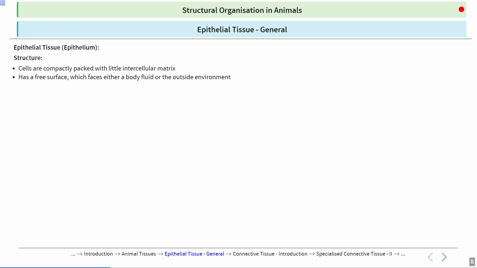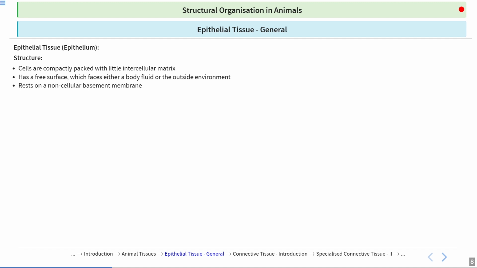Every part is lined inside with epithelial tissue only. So whether it faces the body fluid or the environment, what is its function here? The function is protection. Outer lining of the organ system. They are the best tissue that forms the outer lining of the different organ systems, right?